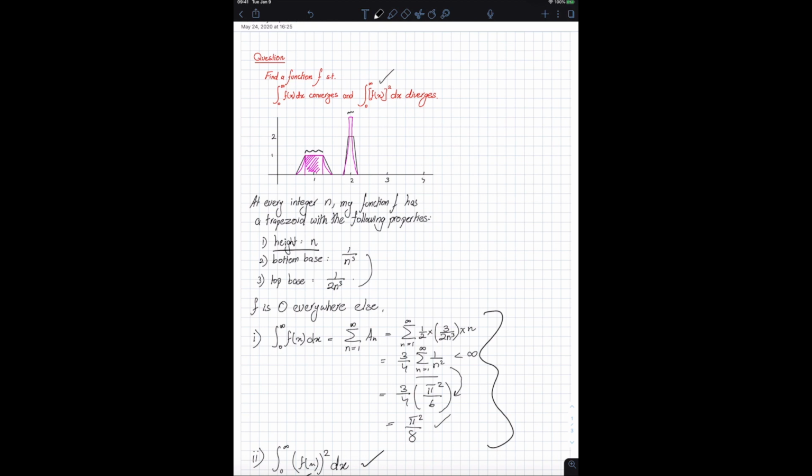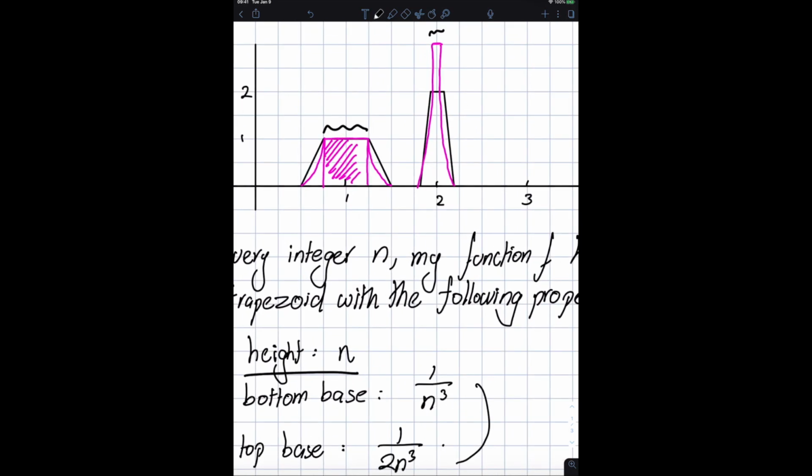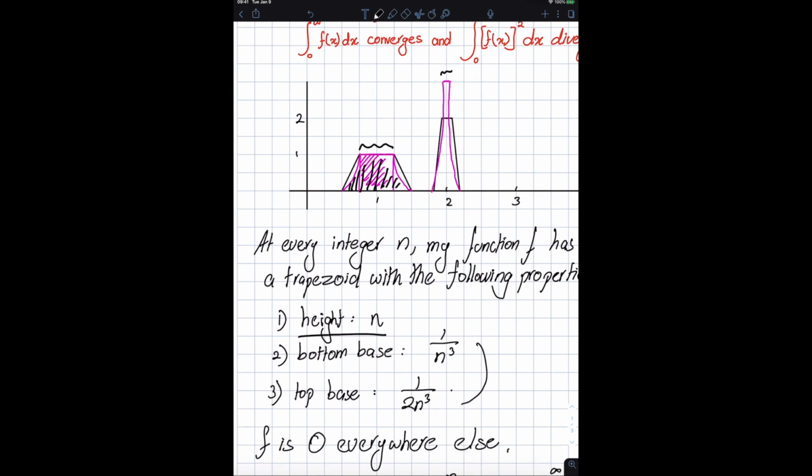You don't need to explicitly compute what the area under the square is going to be. You just need to bound the area of f of x squared by something that has a smaller area, and then show that that smaller area diverges, and thus conclude that the integral of f of x squared must also diverge.